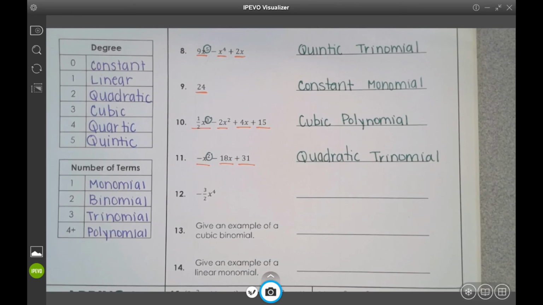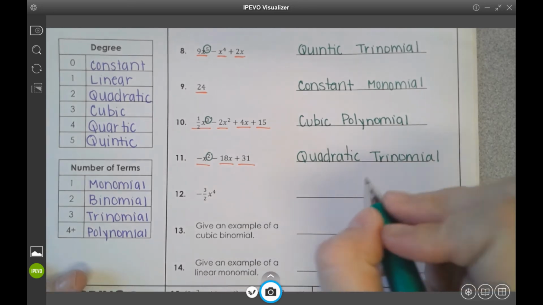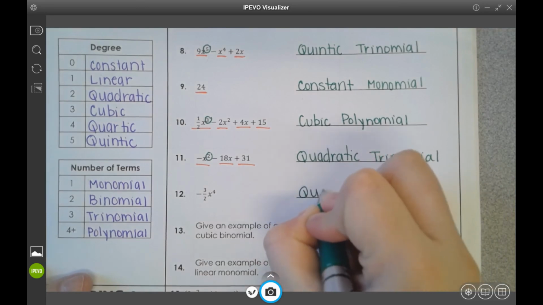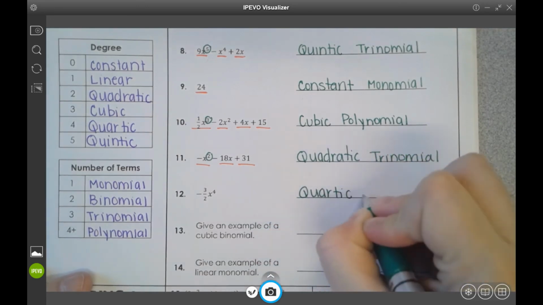See if you can get an answer for number 12. So we've got a quartic monomial.